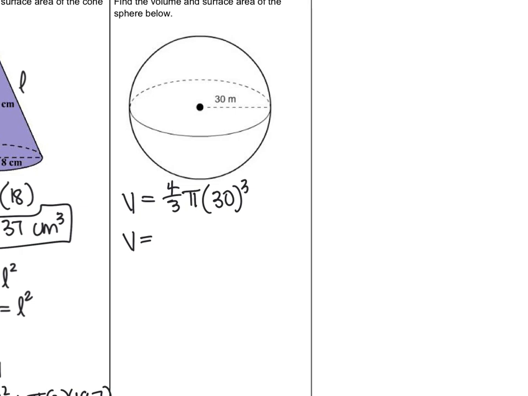So 30 cubed is 27,000. So we're going to do 4/3 times pi times 27,000. And we're going to get 113,097.34 meters cubed.